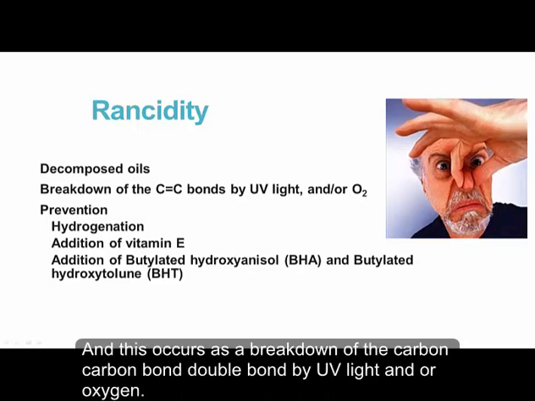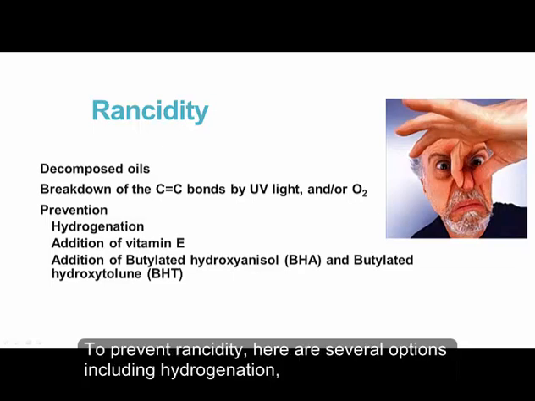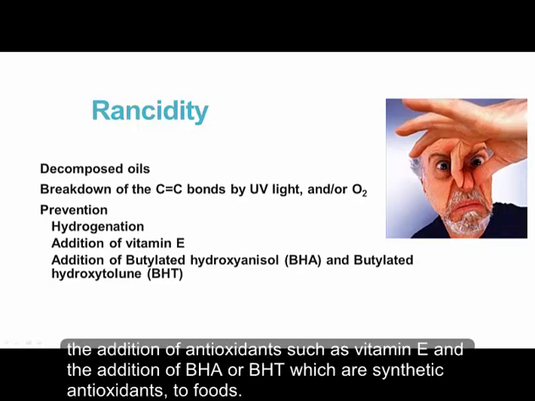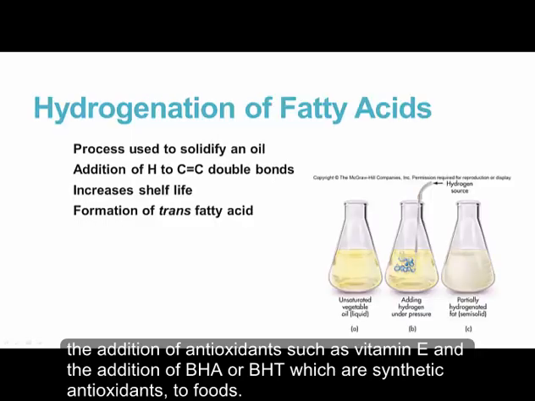And this occurs as a breakdown of the carbon-carbon double bond by UV light and/or oxygen. To prevent rancidity, there are several options, including hydrogenation, the addition of antioxidants such as vitamin E, or the addition of BHA or BHT, which are synthetic antioxidants, to foods.